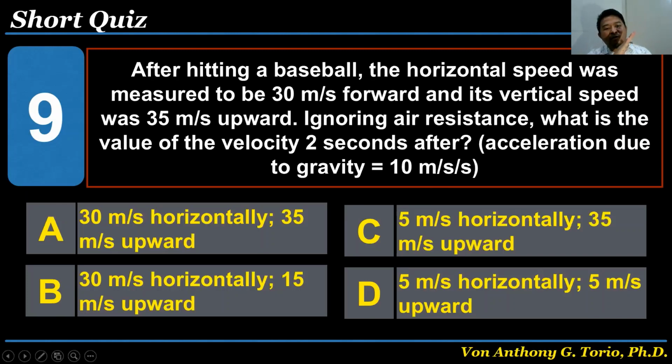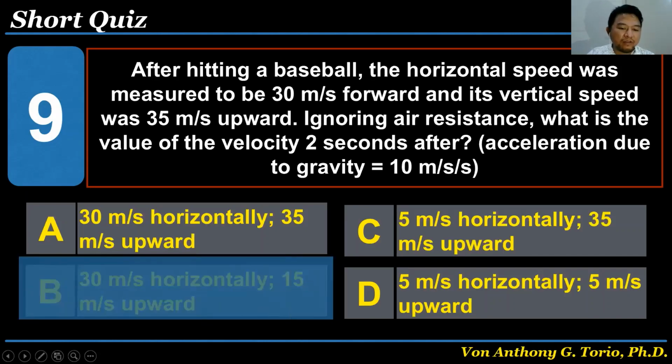So if it's going up, ideally it will be pulled downward. So its velocity will decrease by 2 times 10, by 20. So that's 35 minus 20, which is 15. So the best answer is letter B, 30 meters per second horizontally and 15 meters per second upward.